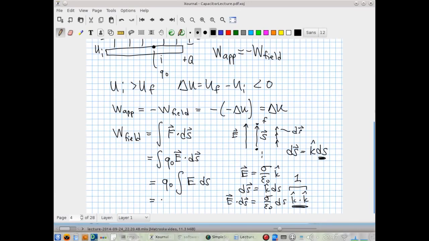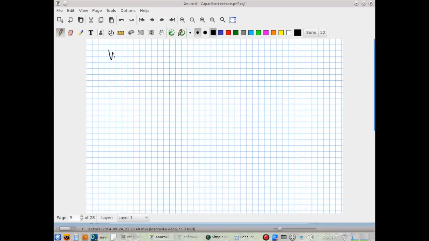We're just going to get q naught sigma over epsilon naught, those are just constants, times the integral of ds, and that integral is going to go from our initial position 0 to our final position, which is d, the distance across the gap. And so at the end of the day, the work done by the field moving a little test charge across the gap is just going to be equal to q naught sigma over epsilon naught times d. And that's it.